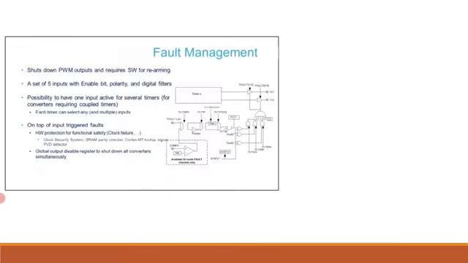The fault management unit shuts down the PWM outputs and asynchronously forces a user-defined safety state. A software action is required to rearm the outputs. A total of 5 inputs are available, each with a programmable polarity, enable bit, and a digital filter. It is possible to have one fault input acting on multiple timers.